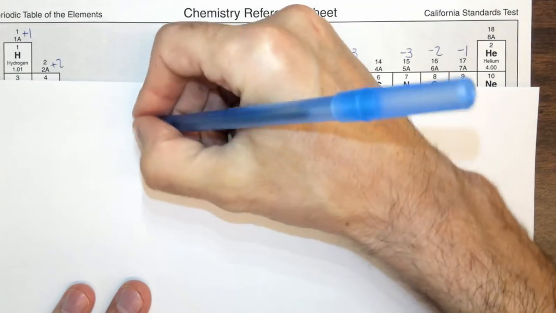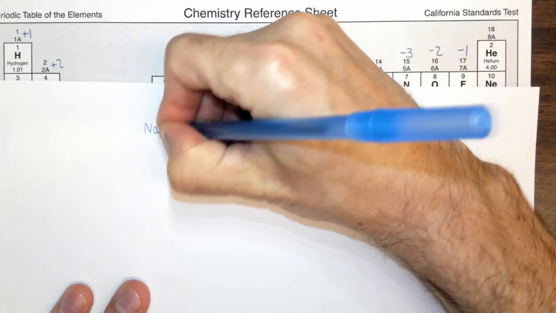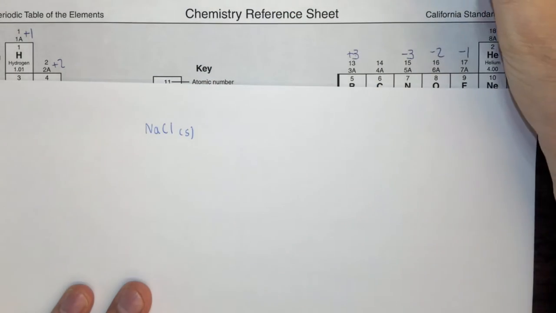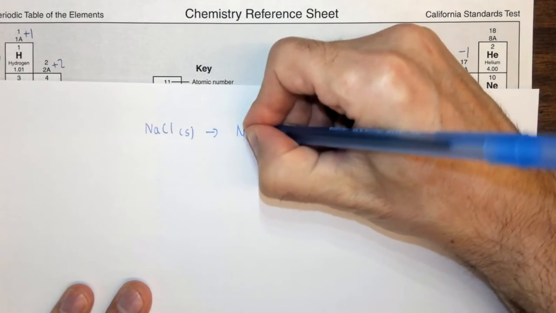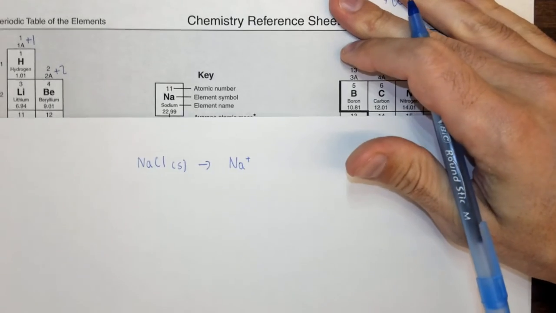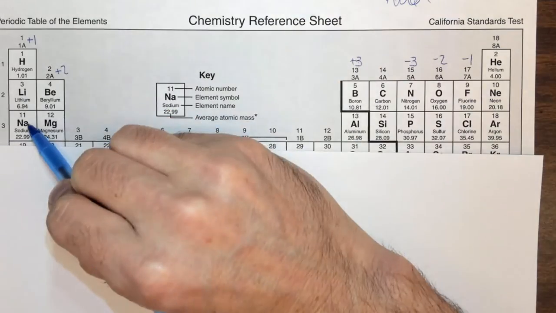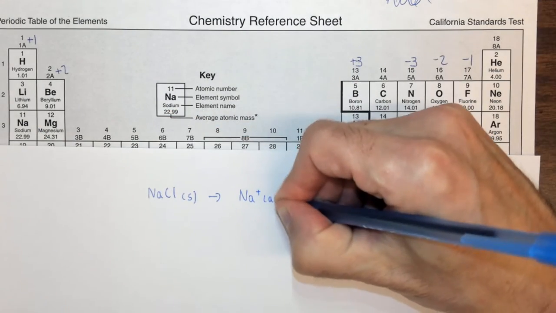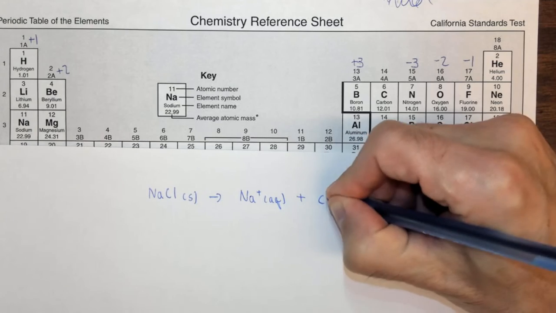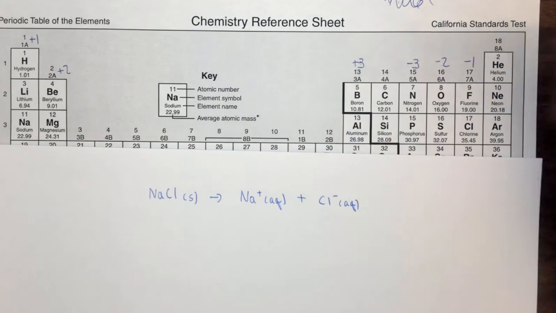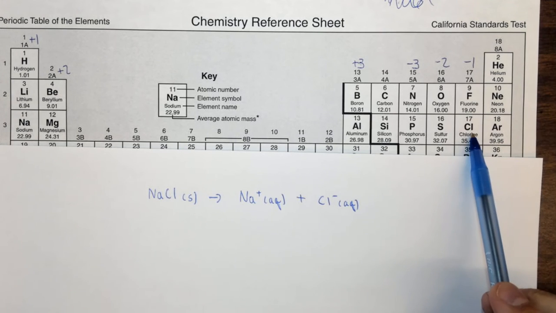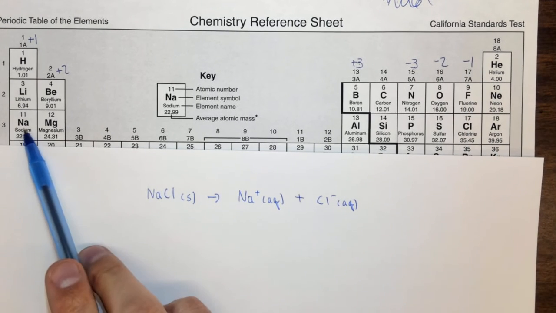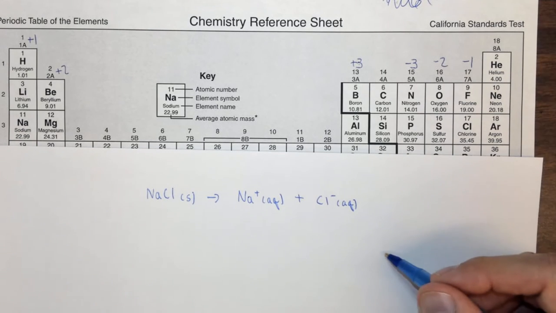So if we were to take, for example, NaCl, solid, and dissolve it in water, it would break up into Na plus, remember, sodium is +1, aqueous, dissolved in water, plus Cl minus, aqueous, which is dissolved in water. Remember that Cl minus is a stable ion because it's in 7A, and Na plus is a stable ion because it's in 1A. Let's look at another example.